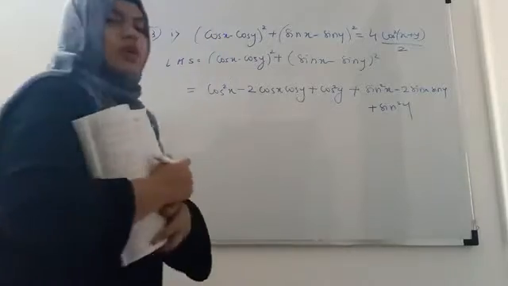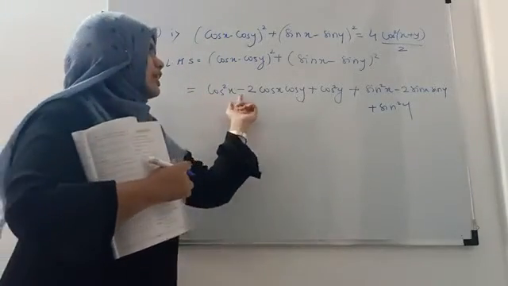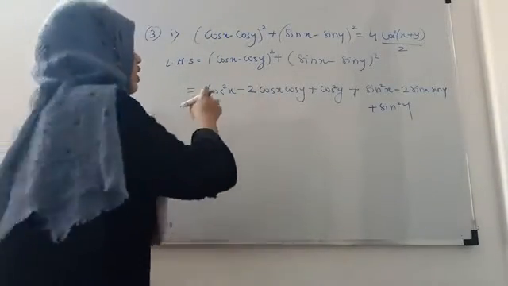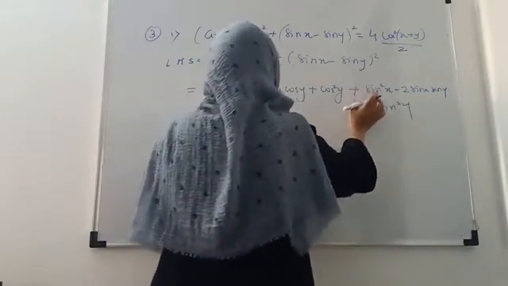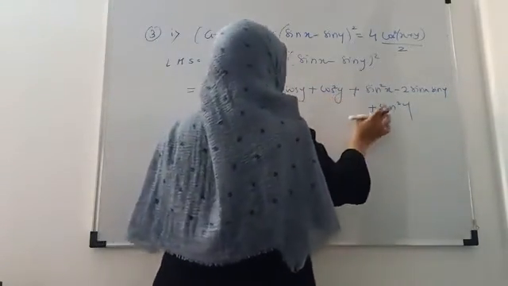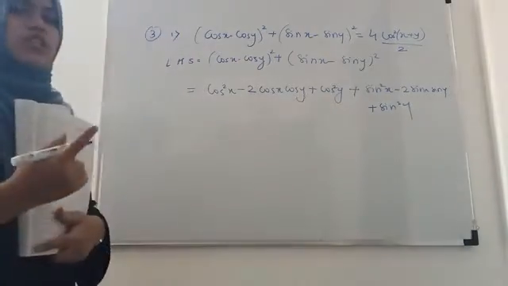Now what I'll do, I'll club the cosine and sine terms for x together and the cosine and sine terms for y together. So whose answer will be 1, right?